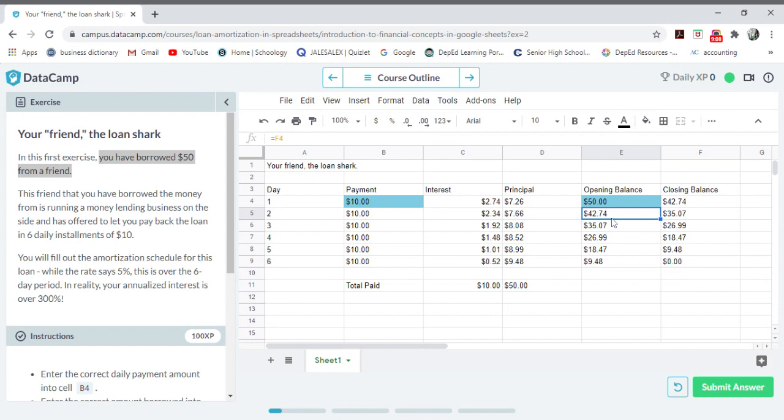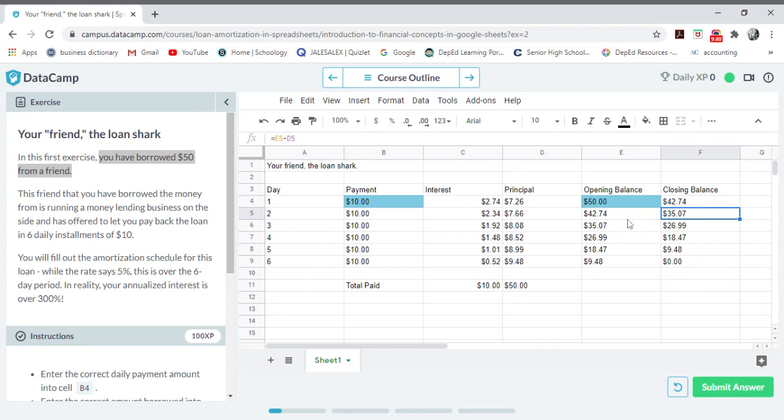Why? Because this is your closing balance. So you just have to copy this one to here, to your opening balance. And if you subtract 7.66 from 42.74, you will get 35.7.